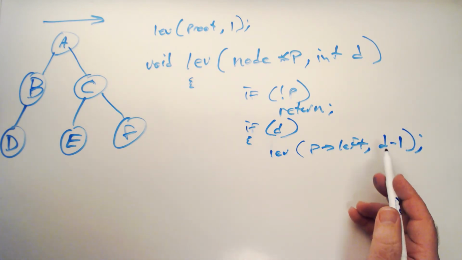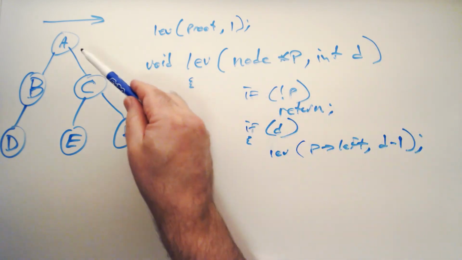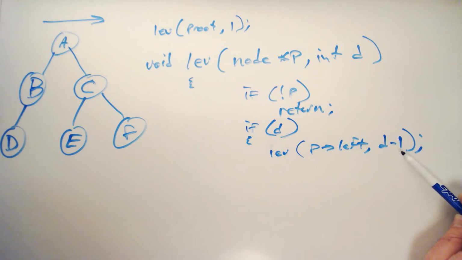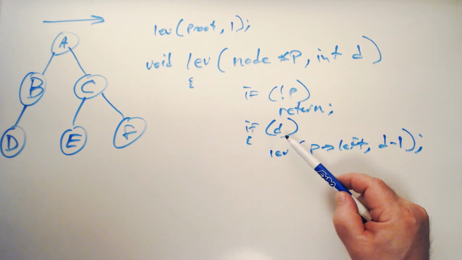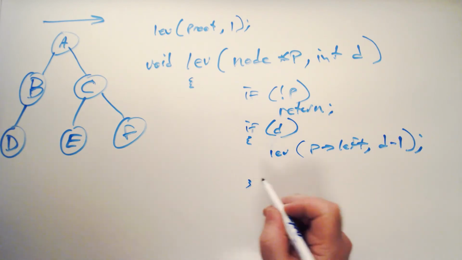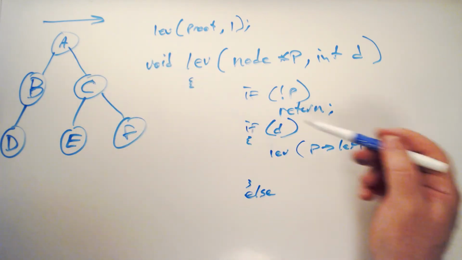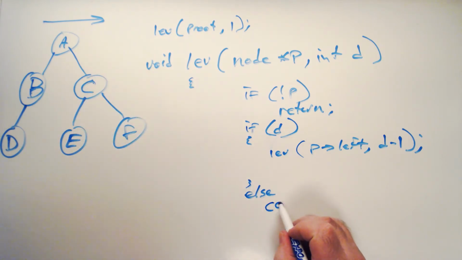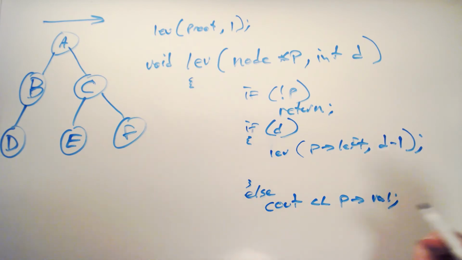So because A was entered, when P points at A, when it calls level on P left with D minus 1, this will now be entered with D equal to 0, and this if will be false in that scenario. I'll leave a little bit of room and say else, what do we do when D is 0? Well, that happens only when I'm this many levels away from the root. So that's the one I want to print out: cout, P value, and I'm basically done.